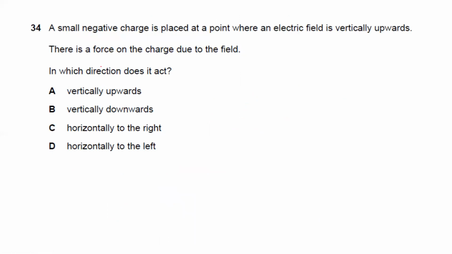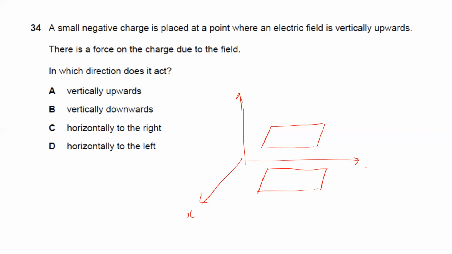Next question. Question 34. It says a small negative charge is placed at a point where the electric field is vertically upwards. For example, consider these two parallel plates, in three dimensions; you can call it X, Y, and Z. This is, say, a positively charged plate and a negatively charged plate, and that makes the electric field vertically upwards.